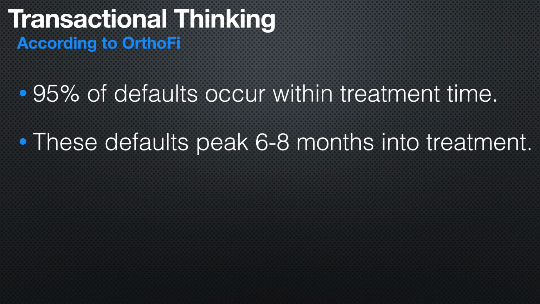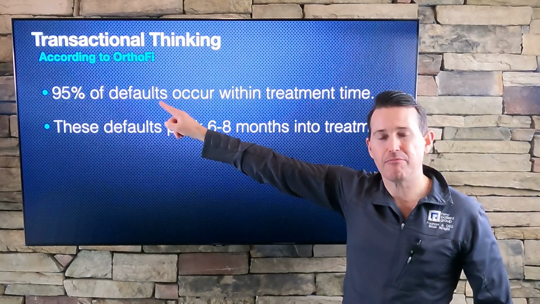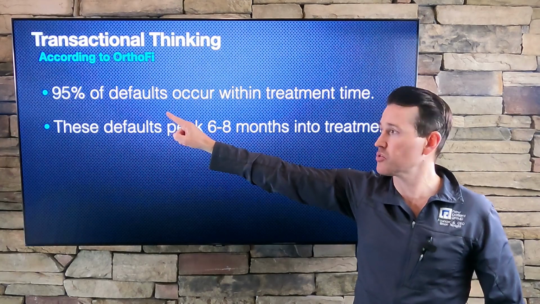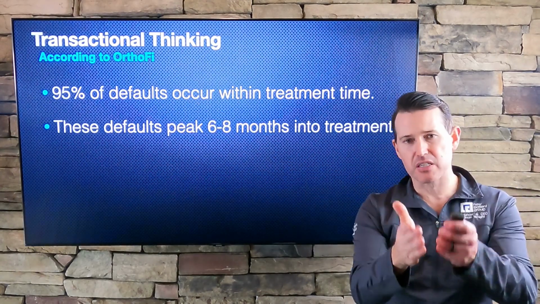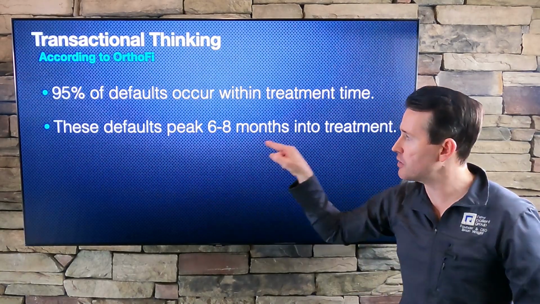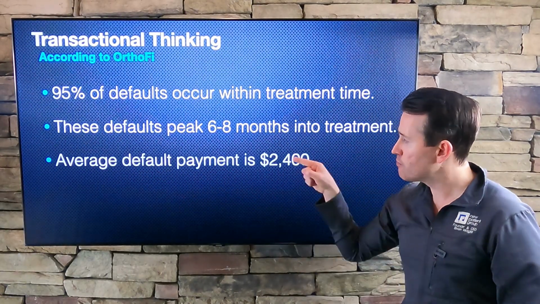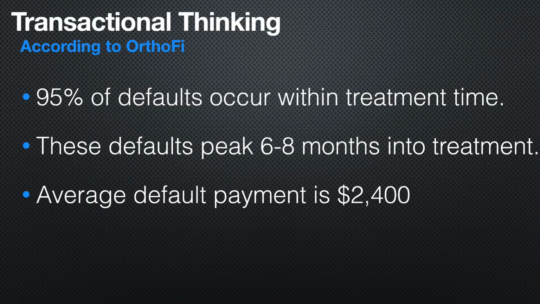All right, another one right here. These defaults peak 6 to 8 months into treatment. So the 5% that we're talking about, if their treatment is 17 months, they don't default at month 22. They default 6 to 8 months into treatment. Even better, their default payment is $2,400.